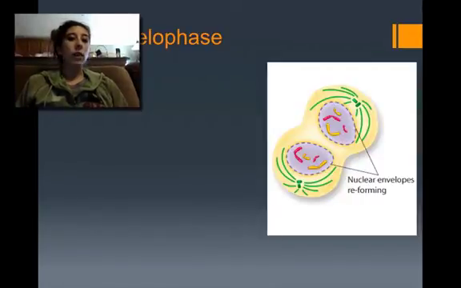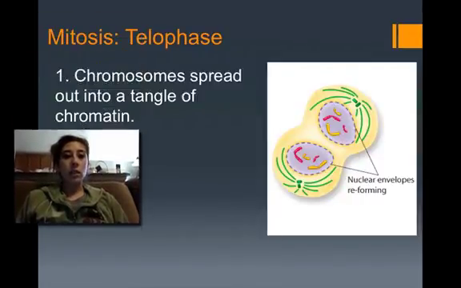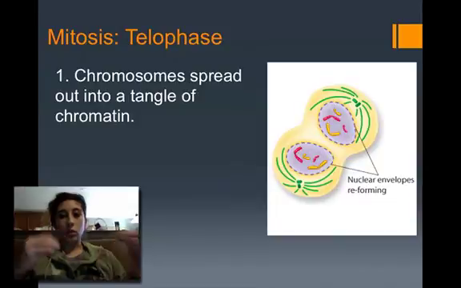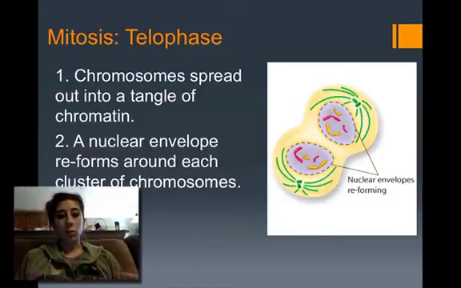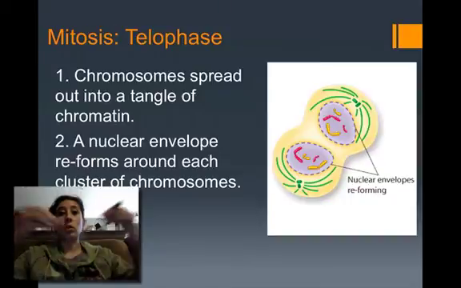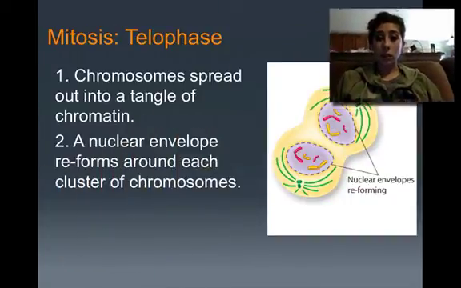And then the last phase of mitosis is called telophase. Telophase is when we begin to see the chromosomes get tangled, and as chromatin, they begin to not be condensed anymore. The nuclear envelope will have to reform because we're now preparing for cytokinesis, which is where we are getting the cytoplasm to basically split.